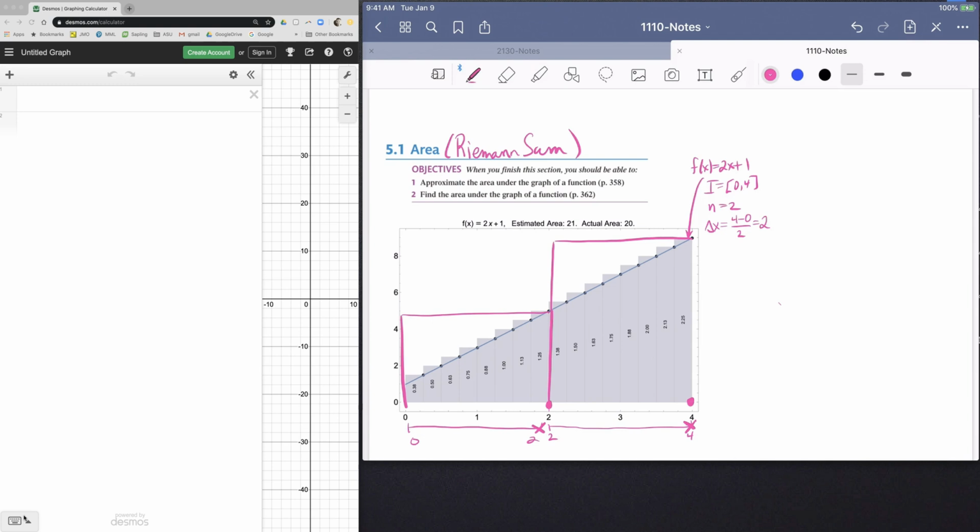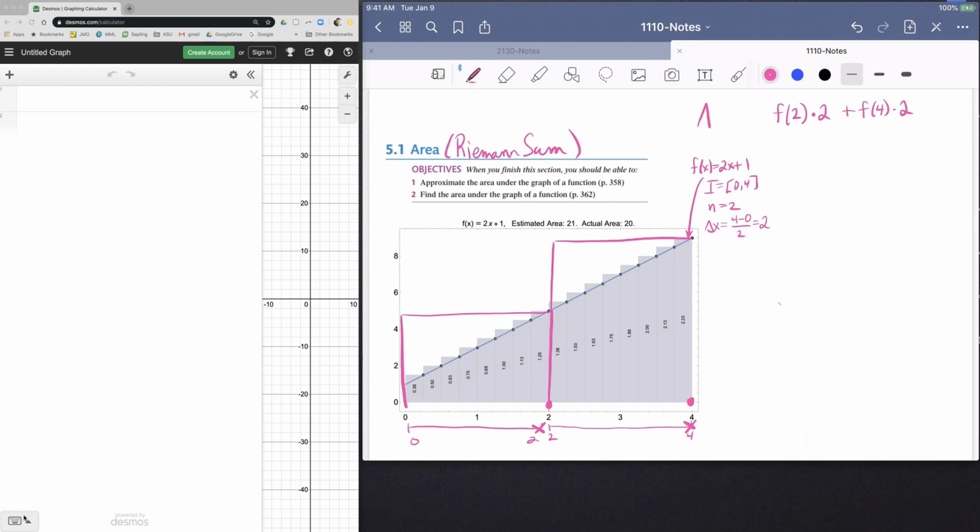Now the trick here is that adding up these rectangles is going to be evaluating the function at the right endpoint. The first right endpoint is 2, and then we multiply by the width of that rectangle, which is 2. Evaluate the function at 4, which is the second right endpoint, and then multiply by the width of that rectangle, which is also 2.